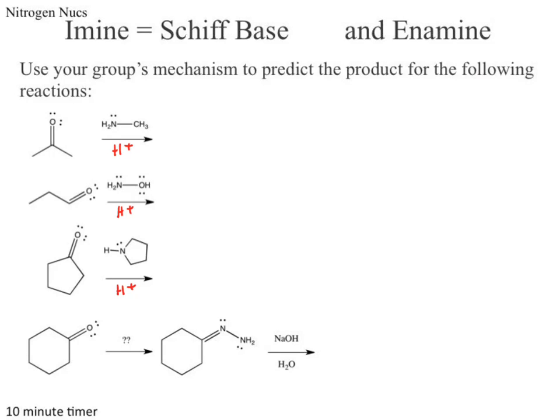Okay, let's go through and look at some answers here. We've got some interesting things popping up. So for that first one, hopefully you should have gotten this as an answer. You should have had the double bond between the nitrogen and the carbon. That structure is referred to as an imine.